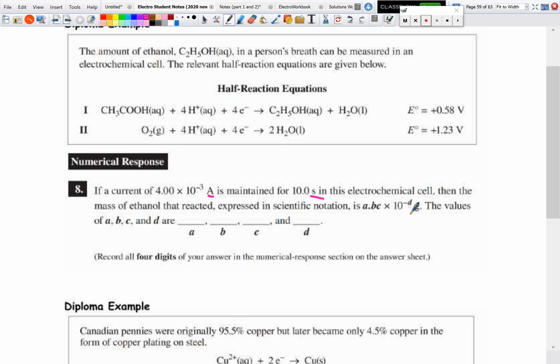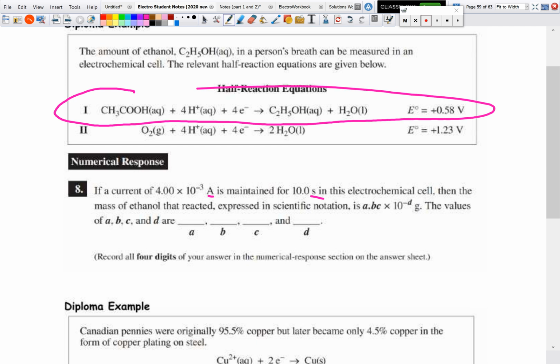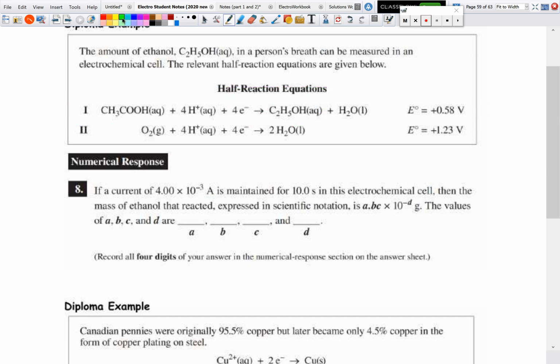For this one, obviously we are using this half reaction because we have our ethanol and the number of moles of electrons there, right? So we know that in this case, we are given this, and this is our wanted.